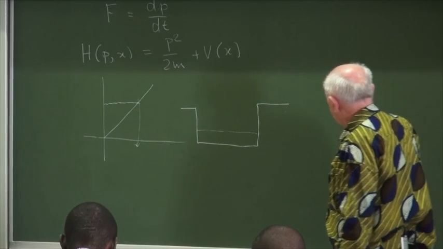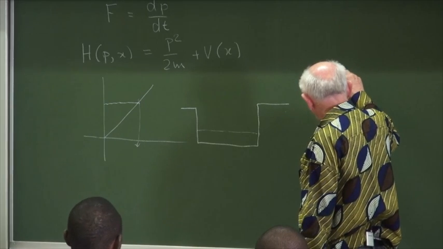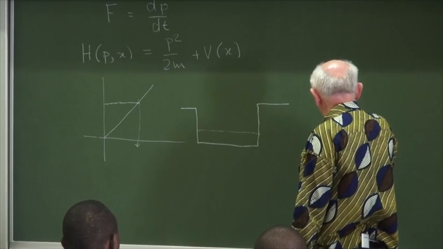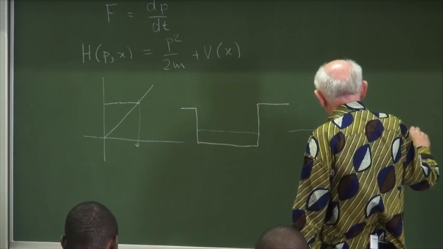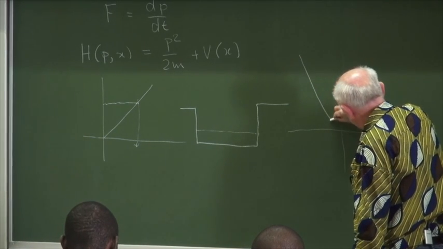Okay, and the next one we looked at was the harmonic oscillator. So that is a potential that looks like this.